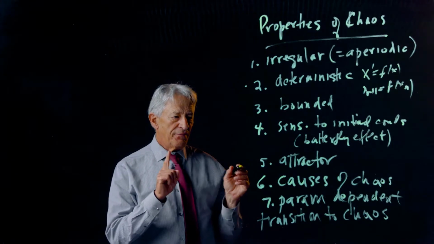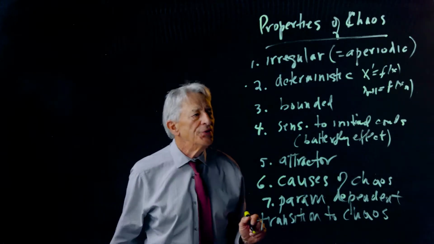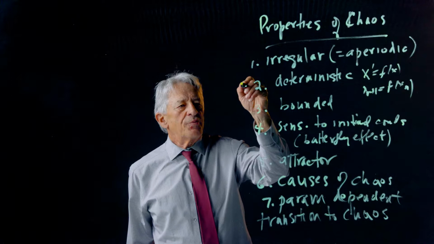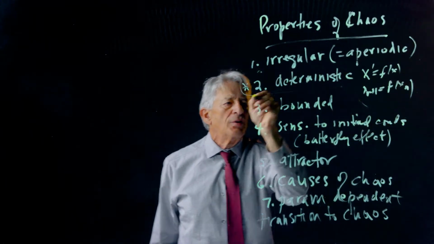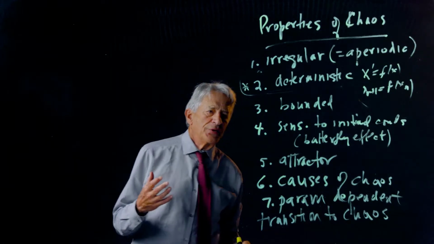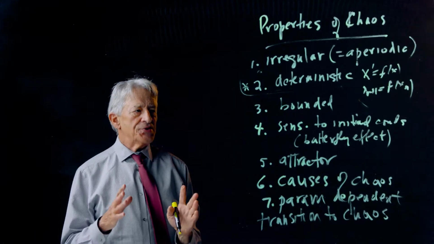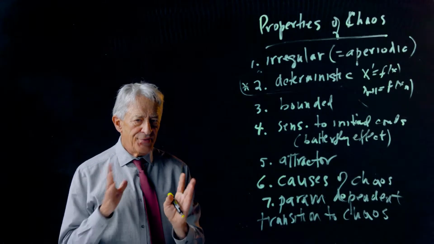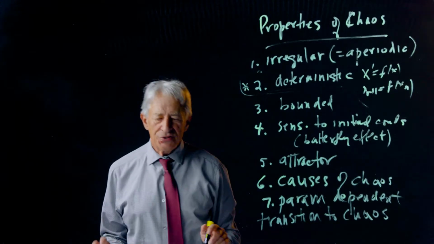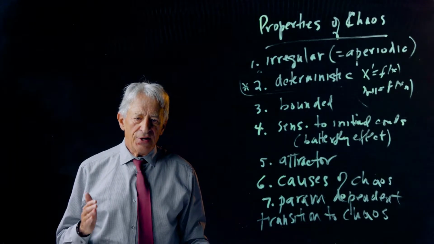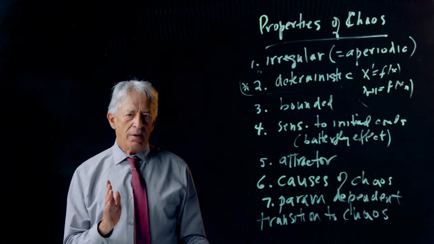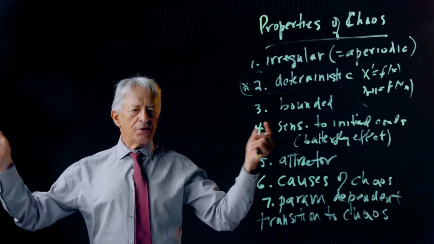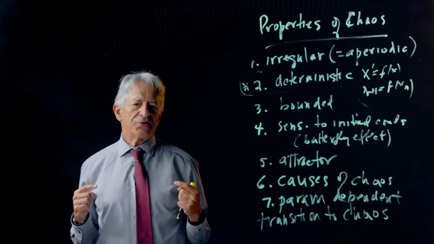And finally, we mentioned, apropos of this thing about being deterministic, that in a chaotic system, the irregularity is generated internal to the system and not imposed externally on the system.